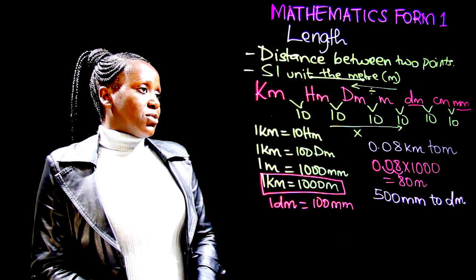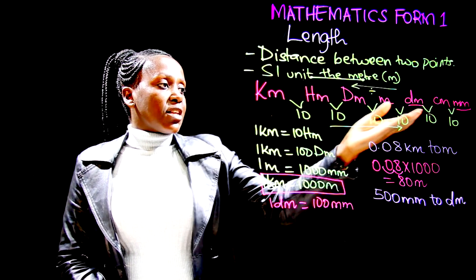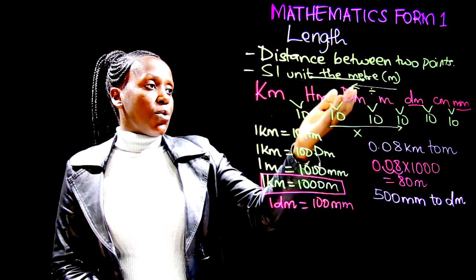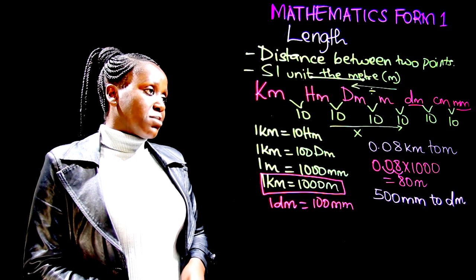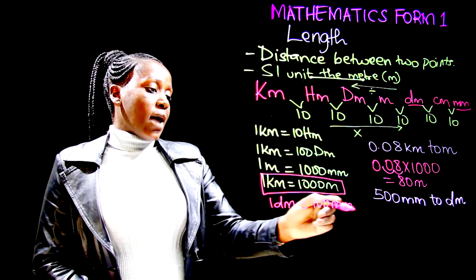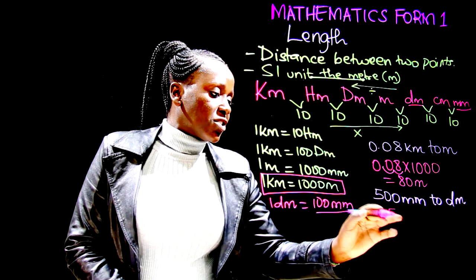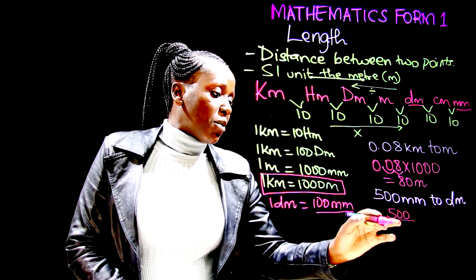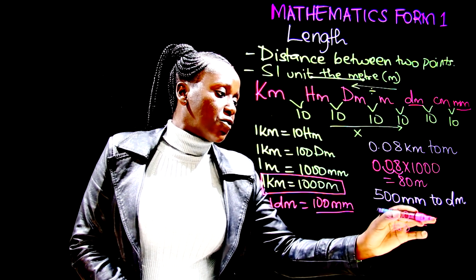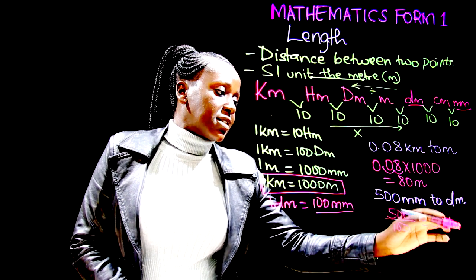Now you notice that you are converting from millimeters to decimeters. You know, we are moving backwards. So that means you're going to divide by 100. So this will be 500 divided by 100, which is equal to 5 decimeters.